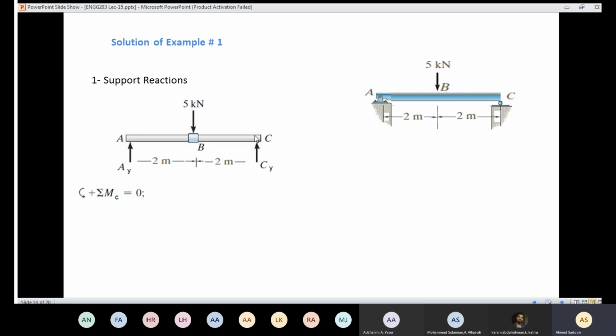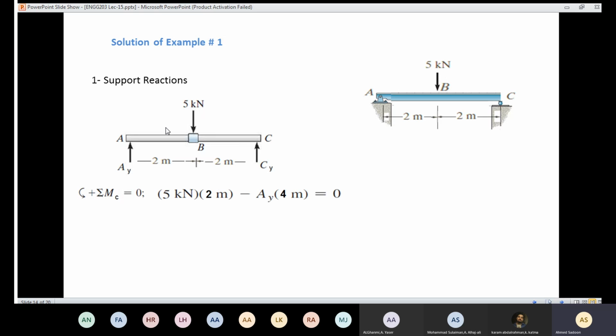If I take the moment here and draw the line of action, AY is going to be multiplied by 4, and it's going to be negative because the rotation is clockwise. And here I have 5 kilonewtons. If I draw the line of action here, the perpendicular distance is going to be 2, and it's going to rotate counterclockwise, which means it's going to produce a positive moment.